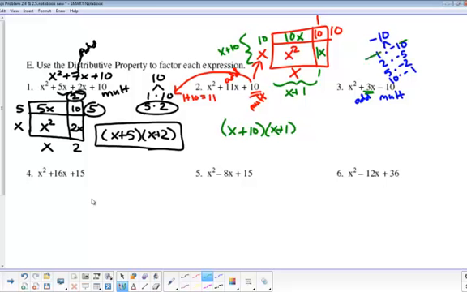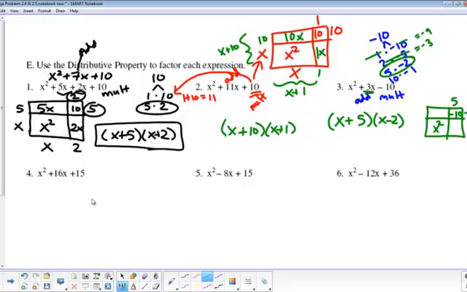So these two could not work. This one would add to give negative 9. This one would add to give negative 3. So my one that adds to give 3 is 5 and negative 2. And that's just my answer. X plus 5, x minus 2. If you want to look at that in the box, we have a 5 and a negative 2, and you can fill everything in.